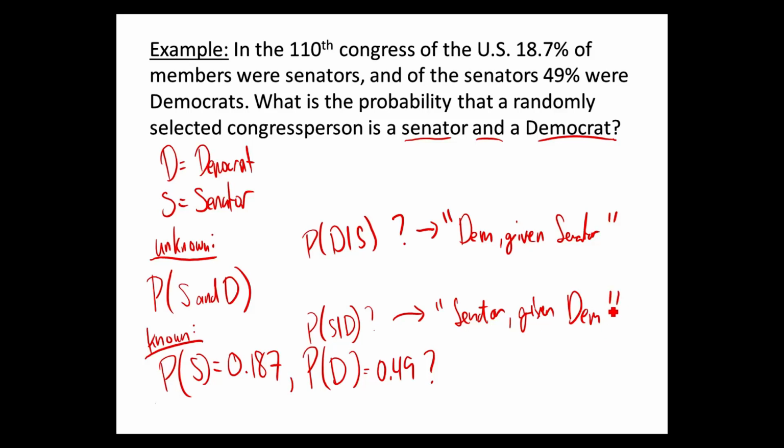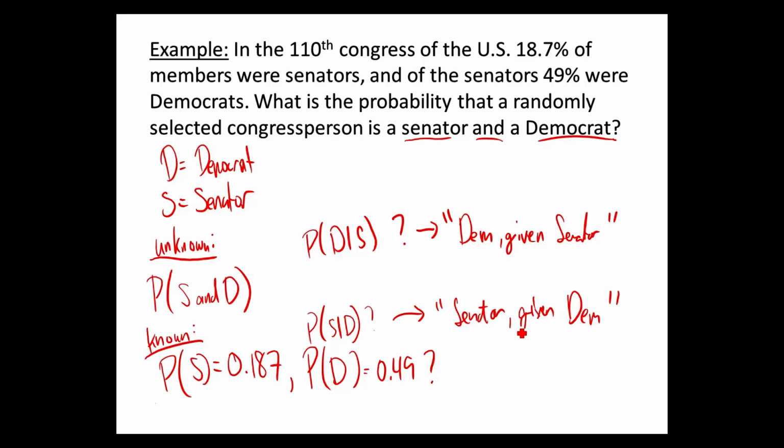Which one are we given in this problem? Is that what we're given? I'm waiting for a consensus. Senator given Democrat is like taking all the Democrats in Congress and telling me how many of them are senators, right? There are two chambers of Congress, yes?